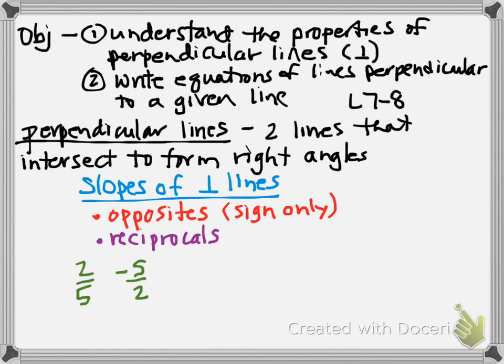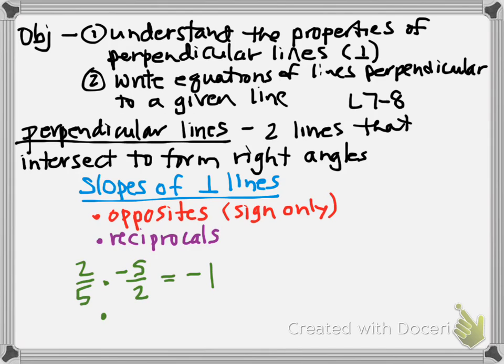One positive, one negative. Are they reciprocals of each other? Yes. Okay. So I'm going to ask you to do one more thing. If you multiply them together, what do you get? Signs are different. You're going to get a negative, and you're going to get a -1. So we can add to slopes of perpendicular lines.